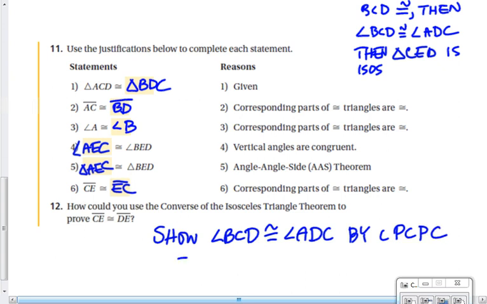And then from that, you can show that CE is congruent to DE because you have an isosceles triangle, because those two angles are congruent, and then by the converse of the isosceles triangle theorem, you can show that CE is congruent to DE.